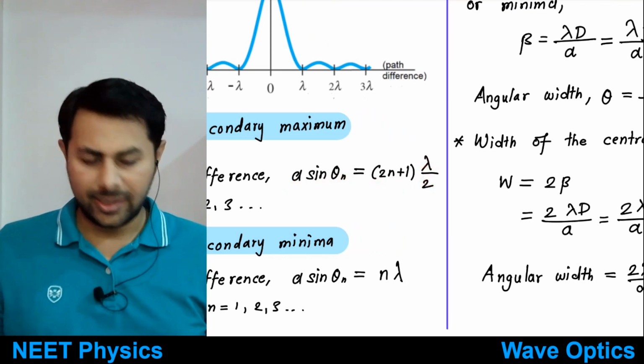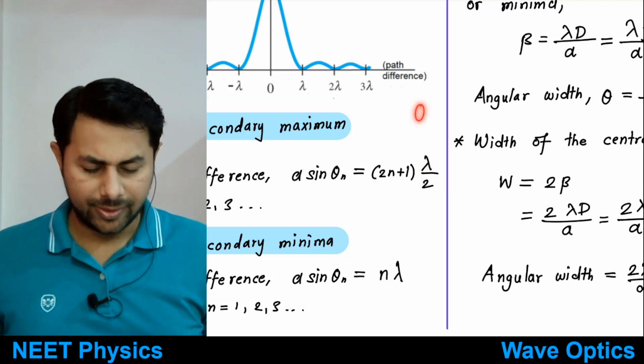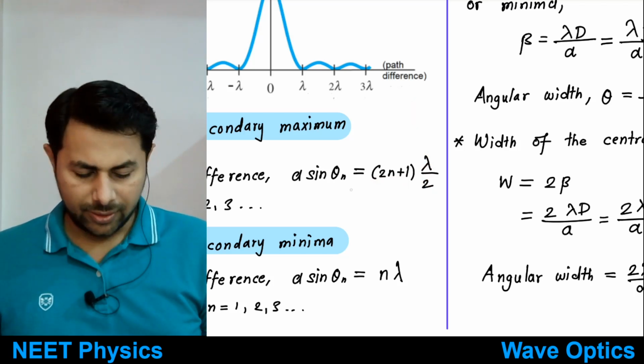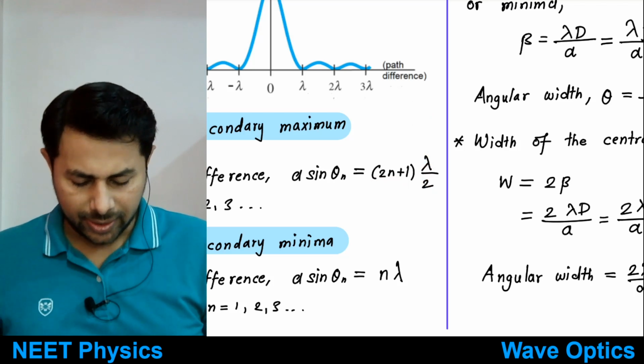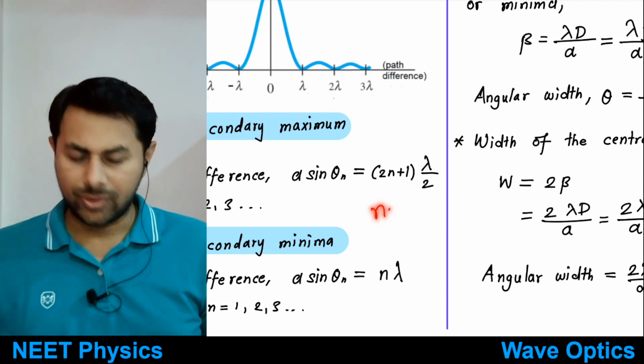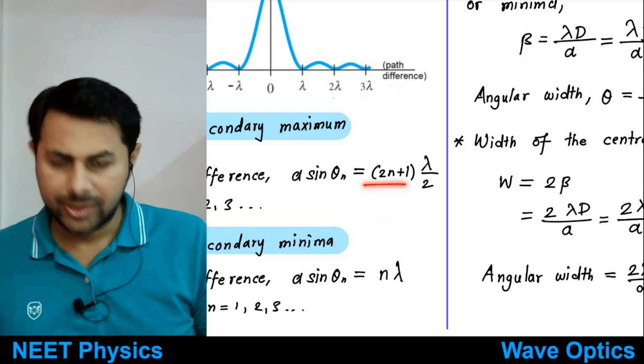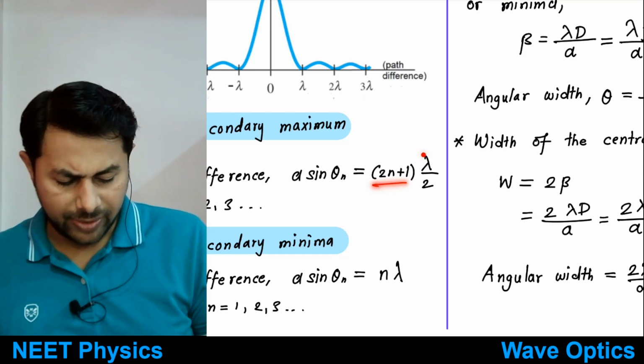Central can be called the 0th maximum. Others are nth maximum, so the condition for path difference for them is 2n plus 1 lambda by 2.